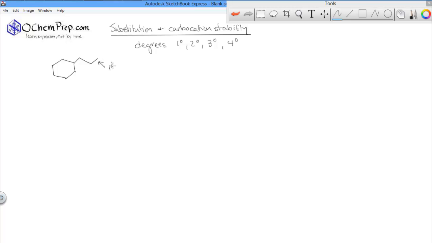So this is a primary carbon. This carbon right here is attached to two other carbons here and here. So this one is secondary. And this carbon right here is attached to three other carbons, so it is tertiary.